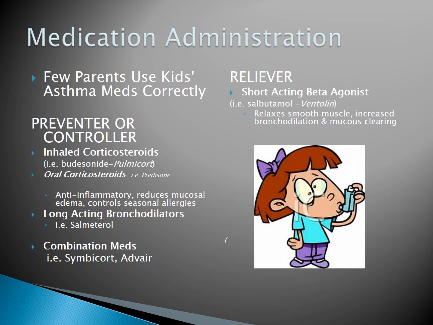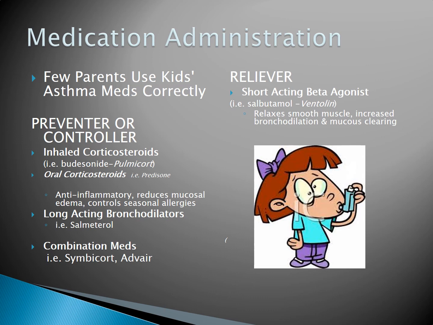The other main group is the preventer or controller medications. And these are typically corticosteroids, so they're inhaled. An example might be Pulmicort, something like that. When they have a significant flare and might end up in emerge or hospital readmit, sometimes we will use oral corticosteroids, but typically in the home setting, we use inhaled corticosteroids.